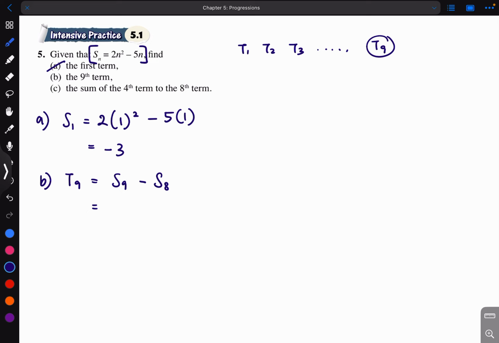So S9, you just have to sub the n with 9. So 2 times 9 square minus 5 times 9. And then S8 will be 2 times 8 square minus 5 times 8.